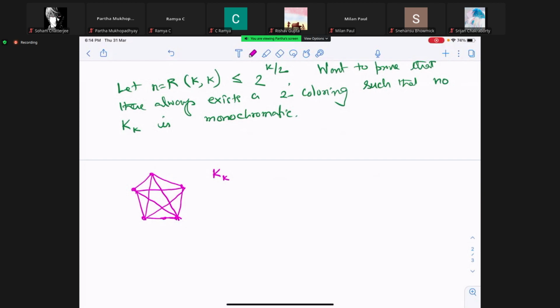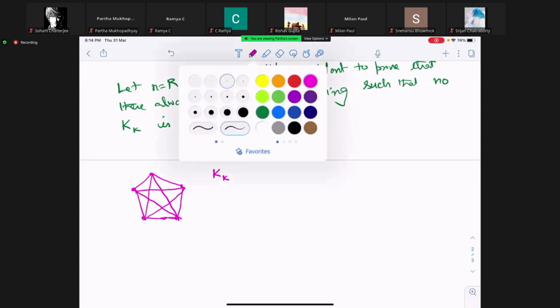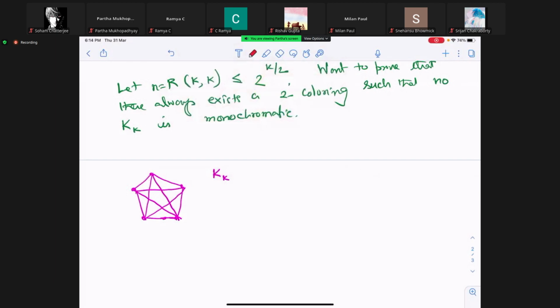Randomly means every edge I will assign either the red color or the blue color. That's my experiment, right? I randomly select every edge as blue or red. So my question is, what is the probability that this K_k is monochromatic?